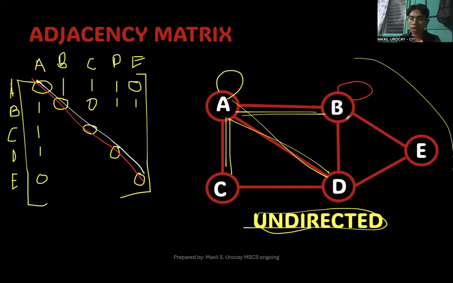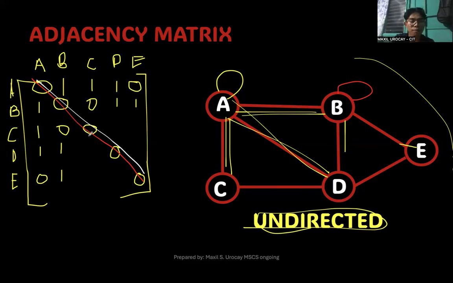Since we can read that vice versa, we can put that here. We can just copy 0, 1, 1, since CB is not connected. DB is connected and EB is connected. So that is correct.